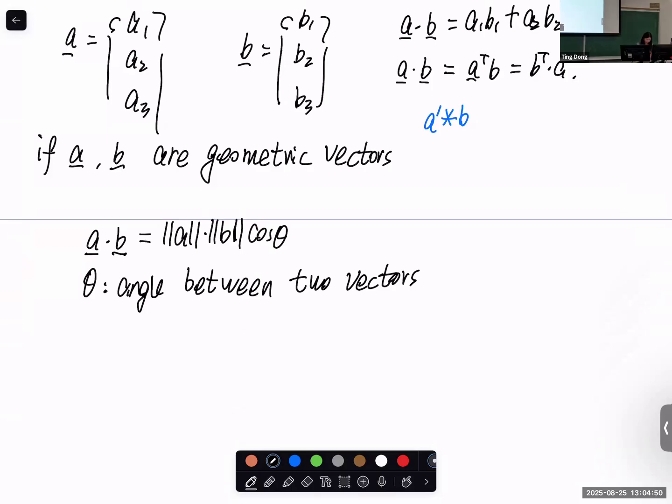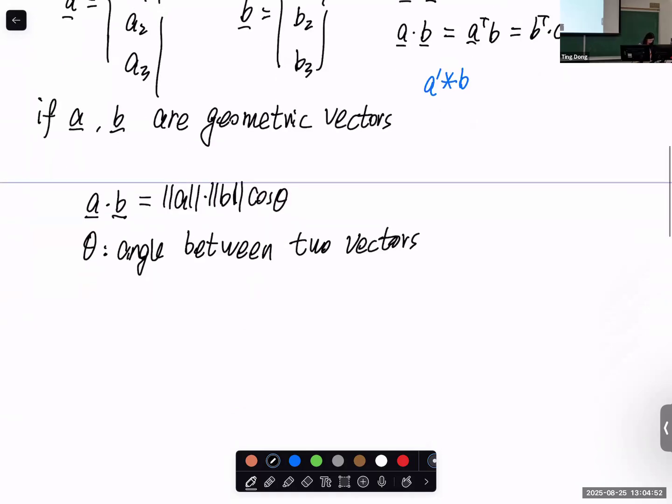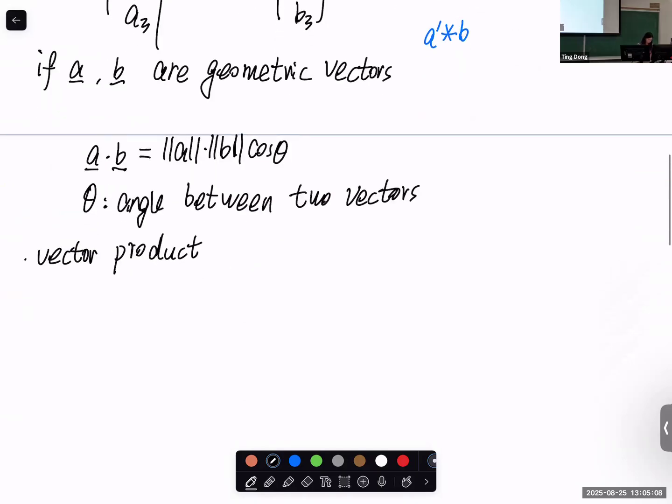Now let's talk about the vector product. Actually, this is commonly used in your statics and mechanics materials. For the vector product, the result should be a vector.